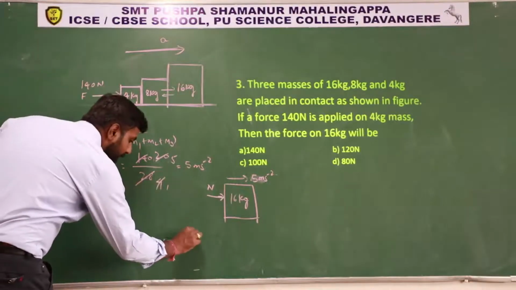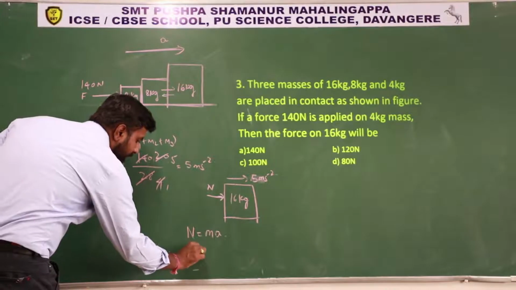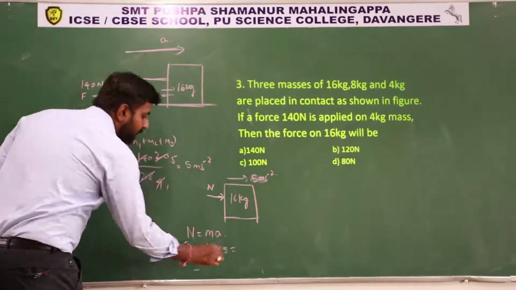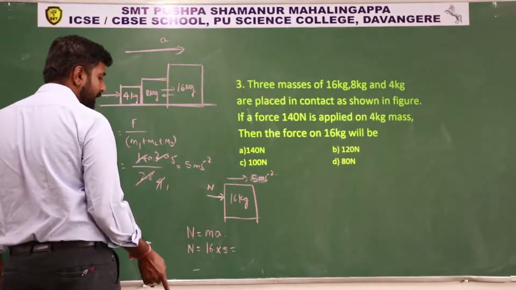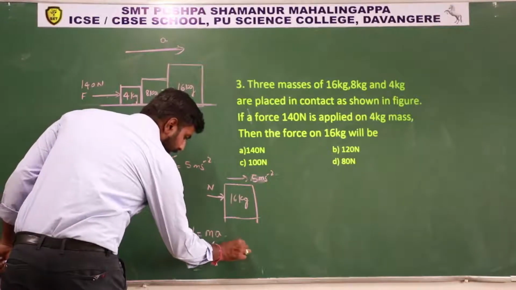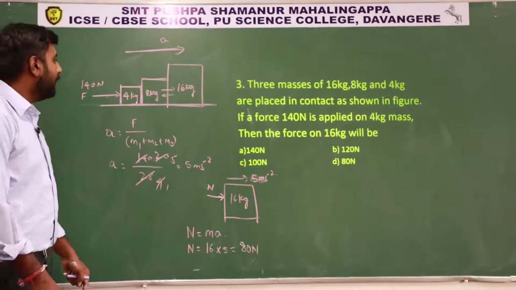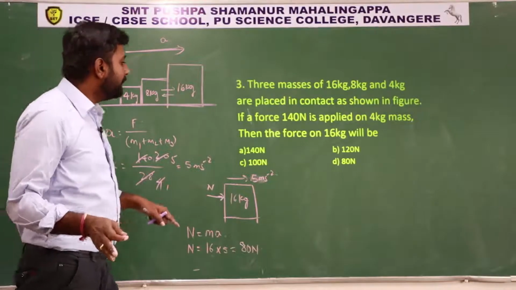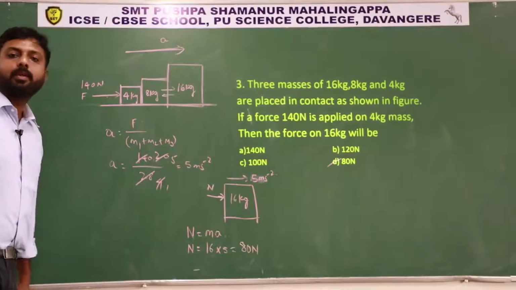Then if you apply Newton's second law of motion, N equals m into a, that is N equals 16 into 5. Overall you will get the answer 80 Newton. So the force acting on the 16 kg block is 80 Newton.